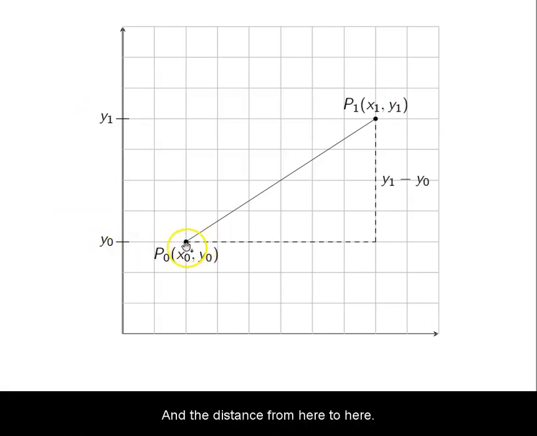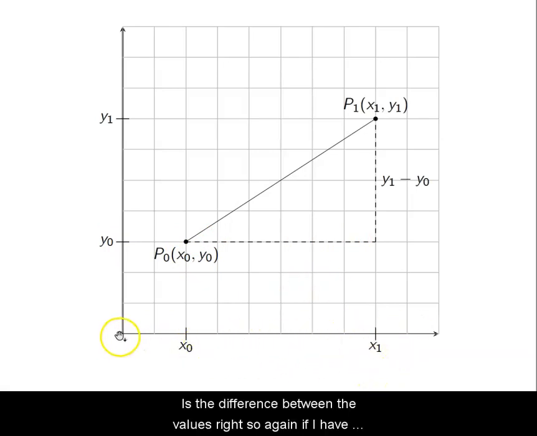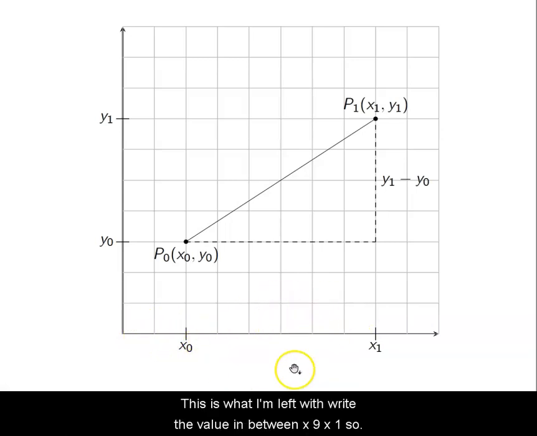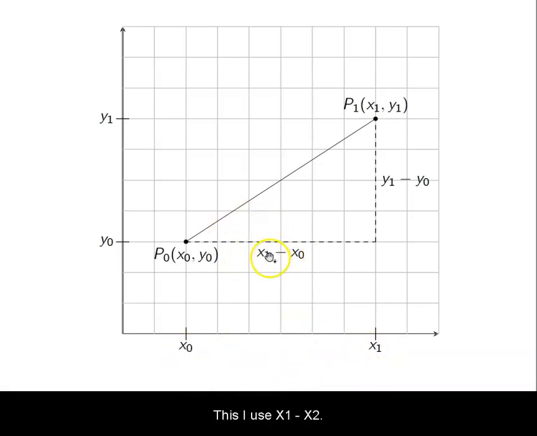Okay, and the distance from here to here, from x0 to x1, is the difference between the values, right? So again, if I have a distance of x1, from 0 to x1, and then I subtract this, this is what I'm left with, right? The value in between x0 and x1. So this value is x1 minus x0. This distance is y1 minus y0.